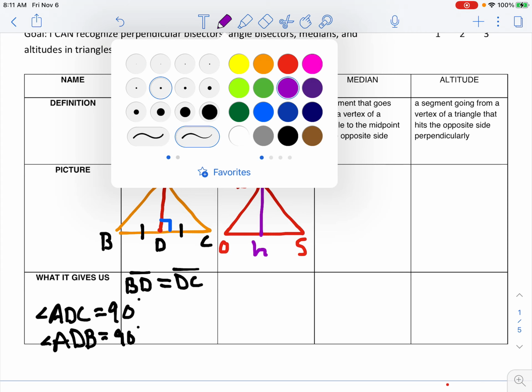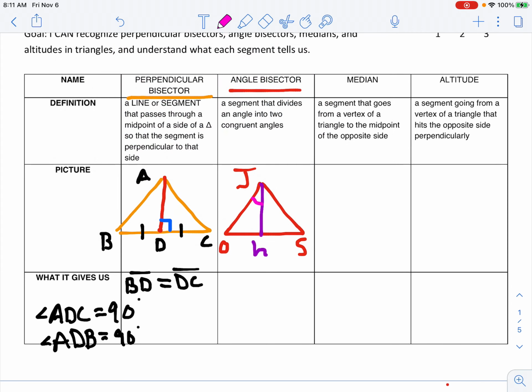What happens with an angle bisector is it splits us into 2 equal angles. So angle OJH is equal to angle SJH. So it splits us into 2 equal angles up by angle J. Remember, we'll use 3 letters to write our angle.